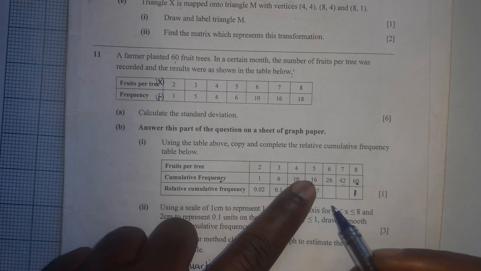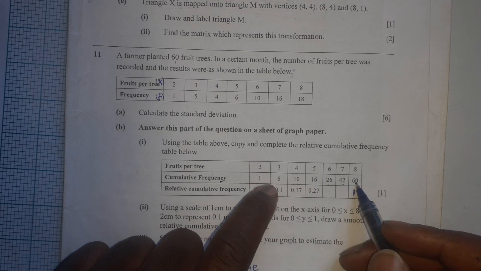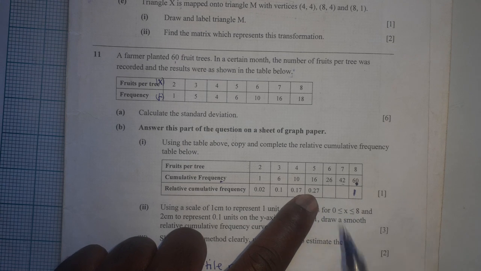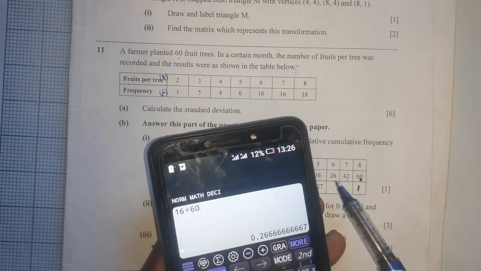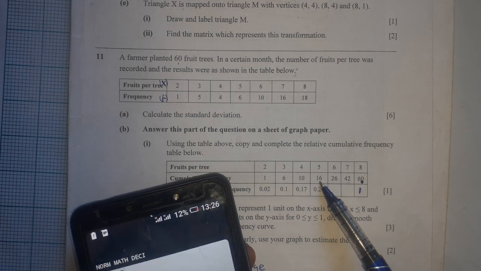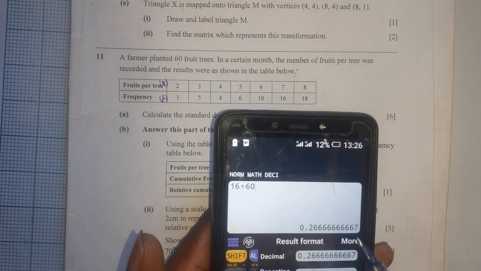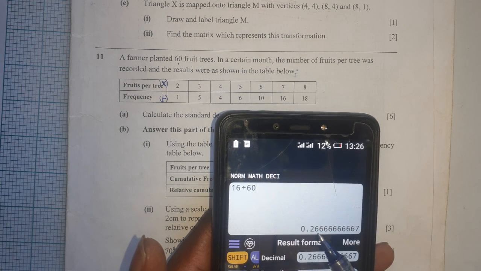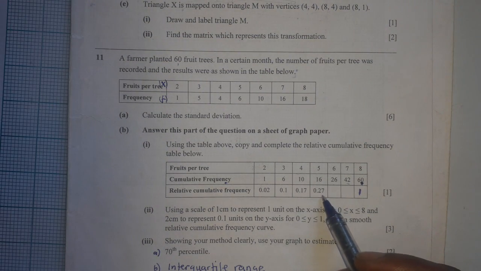Then 16 divided by 60, you get 0.27. You can confirm these figures. Look, for this one, which is 16 divided by 60, this is what I've done here. We have 0.26660, so when you round off to 2 decimal places, that is where this one comes from.